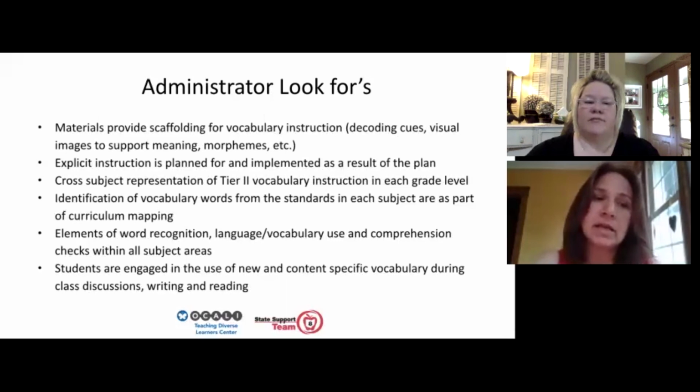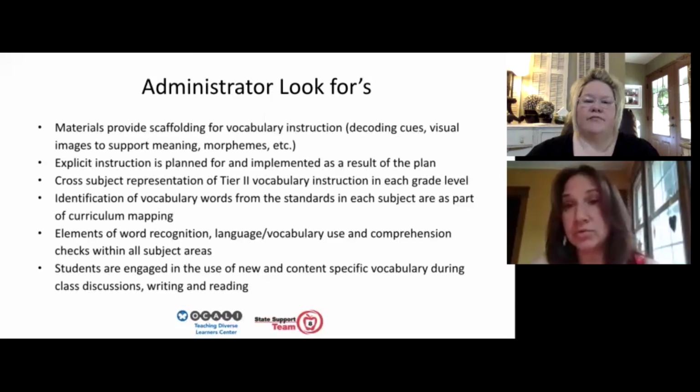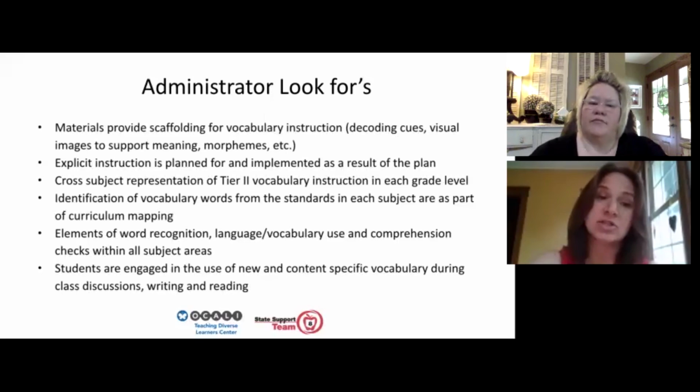And lastly, are students engaged in the use of new and specific vocabulary words during class discussions, writing and reading?